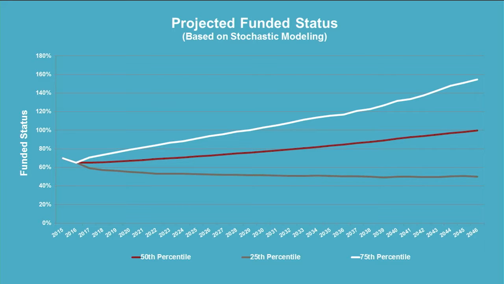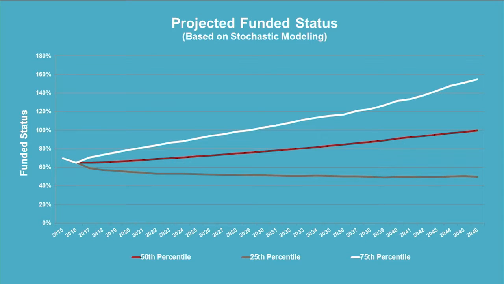Under the 50th percentile, we expect to be fully funded by 2046. The line at the bottom, the 25th percentile, ends at about 50% funded, and in our modeling, 25% of the time we ended up below that line. 25% of the time we ended up above the white line, which is 160% funded by 2046. And the rest of the time we were between those two lines.